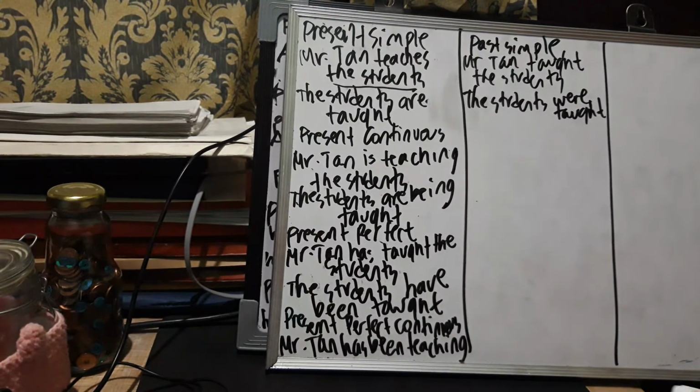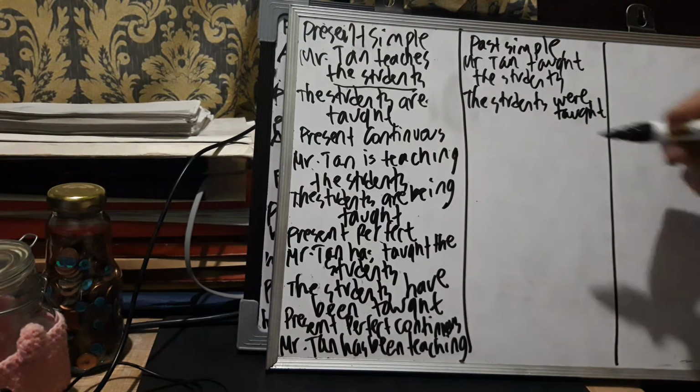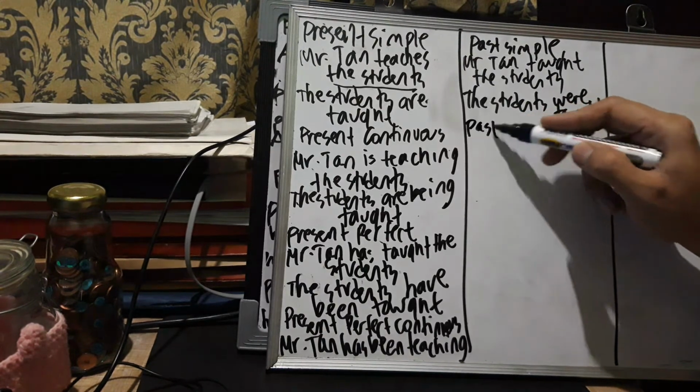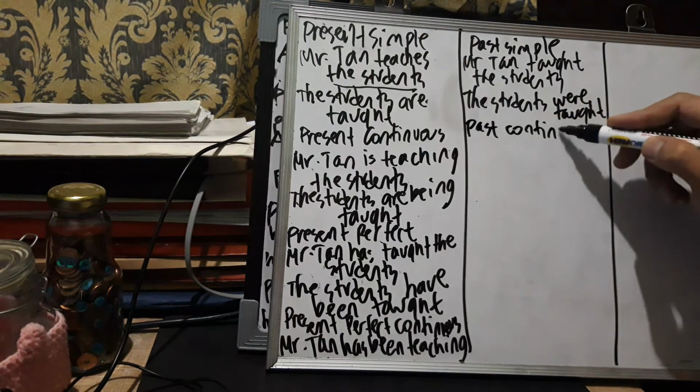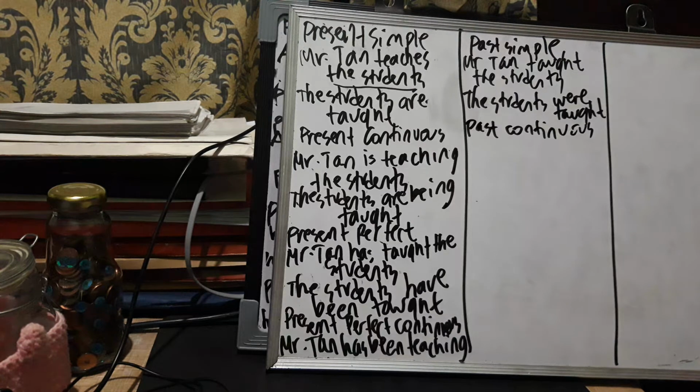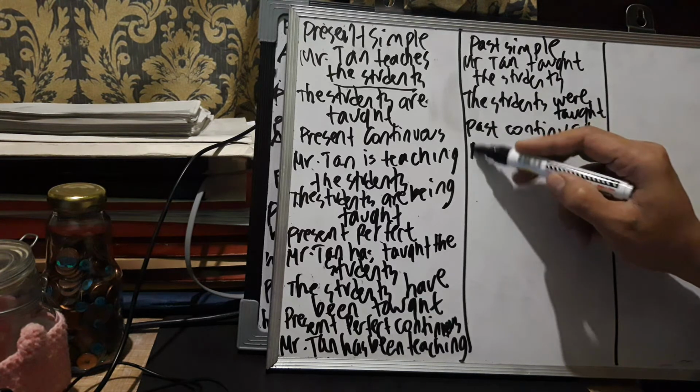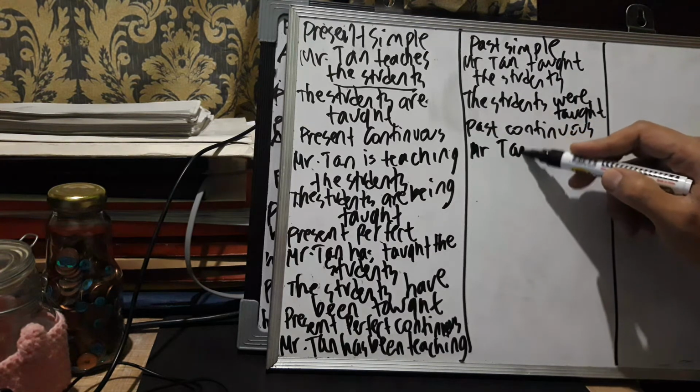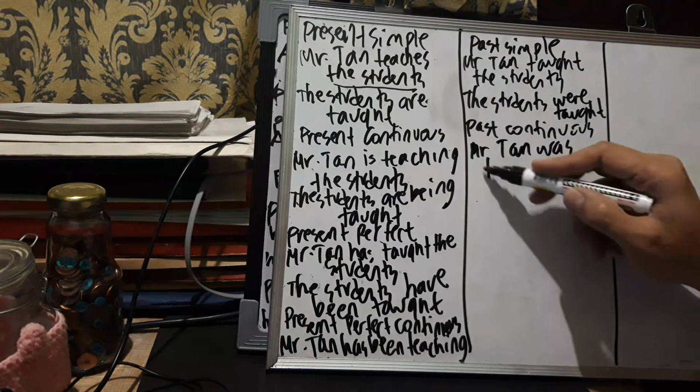Okay, now let's change it into its past continuous form. So again, what is the pattern for past continuous? We can have your what? Subject plus was, were plus ing in the active. So it becomes Mr. Tan was what?